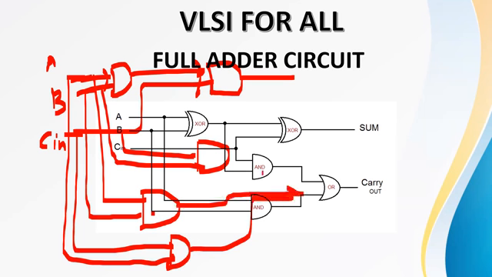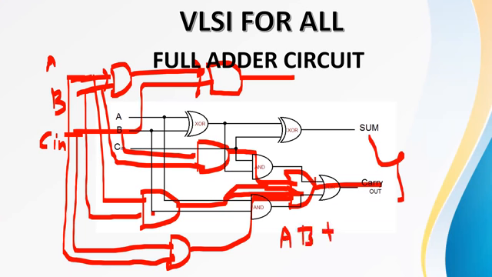And then we have to OR it. This actually takes a three-input OR gate. So after simplifying all this, we'll get AB plus C in into A XOR B.